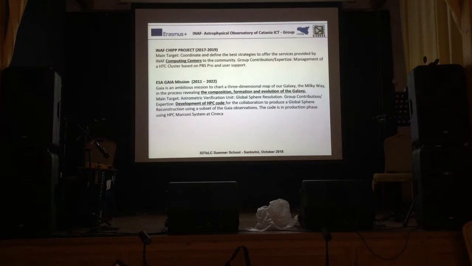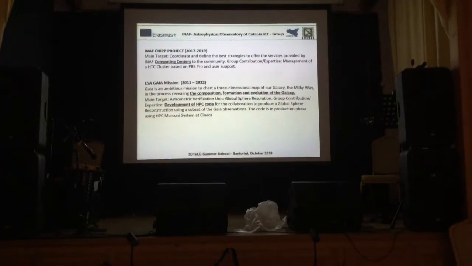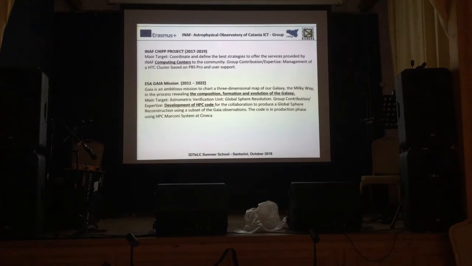But another important project where we are involved, mainly for HPC, is the Gaia mission, where we created HPC software that will be used to map 1 billion stars of our galaxy, in order to understand the formation of the galaxy, and which stars form planets and which planets can host life.